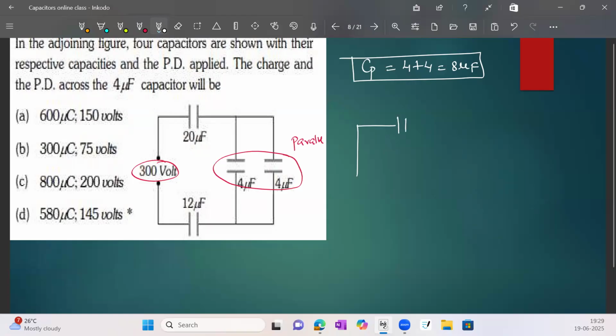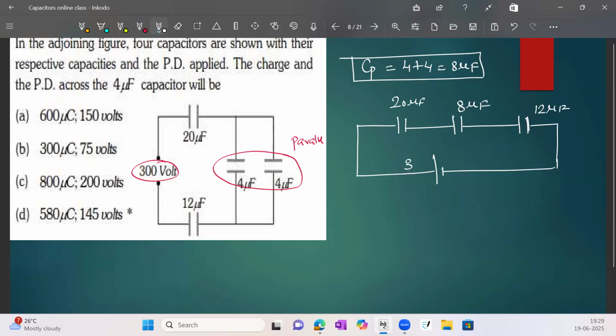20 microfarad. Now it is connected and it becomes 4 plus 4, 8 microfarad. Then we have one more capacitor, that is the 12 microfarad capacitor. So these two are connected to the 300-volt battery.